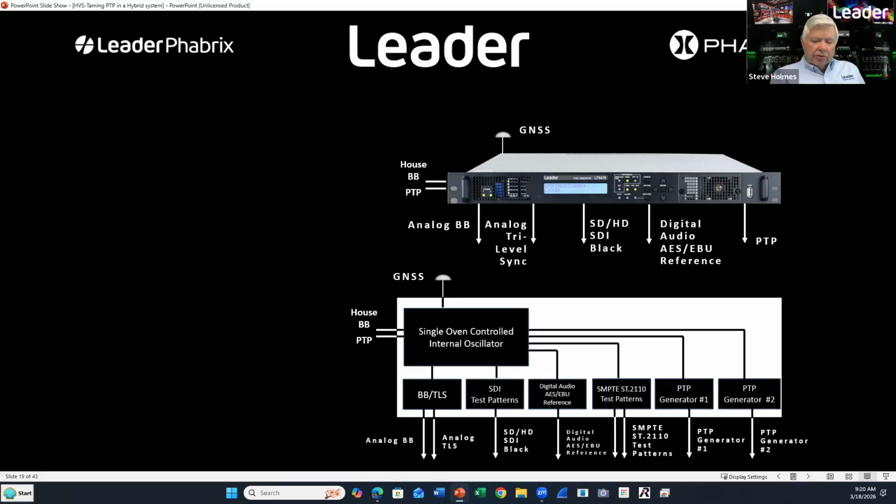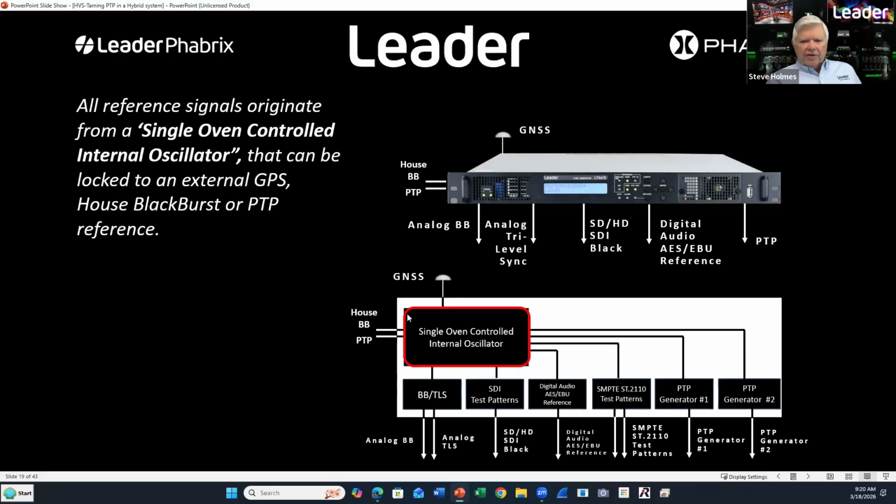And the absolute best way to do that is having an SPG that has a single oven controlled crystal, and the GPS locks that oscillator. That oscillator now drives your baseband and tri-level sync. It drives your test patterns. It drives your AES/EBU stuff. It drives your 2110 test patterns, and can be a PTP generator for your system.